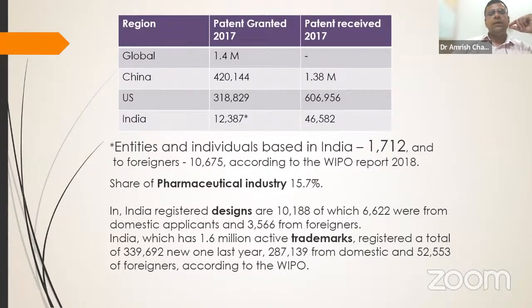That is how this number of 12,000 comes up. So the share of Indian people was very less earlier. Now we have risen, we're in the top 50 when it comes to the global innovation index. And the good news is that the pharmaceutical industry contributes around 16% of this.